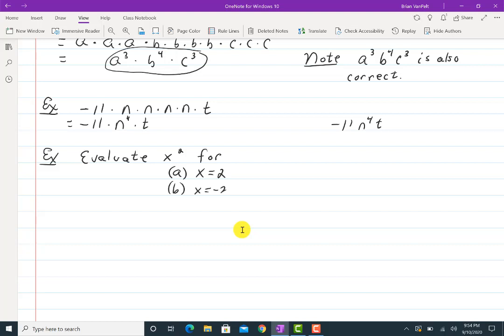So for part A, I'm just going to have 2 to the second power, and everybody knows that that's 4. For the second part, it's important that you substitute the negative 2 inside of parentheses so that you know how to handle this next part. Now this is not negative 4. We know that negative 2 times negative 2 is actually positive 4.